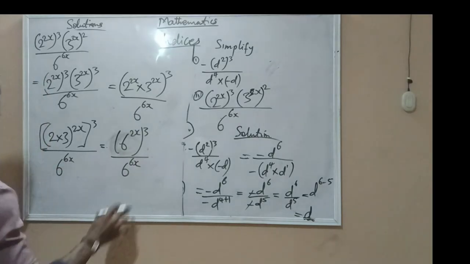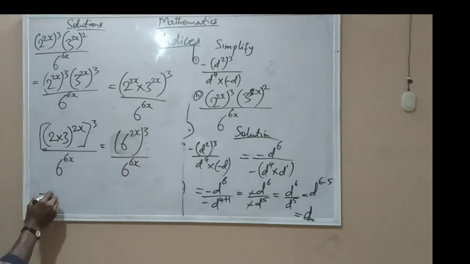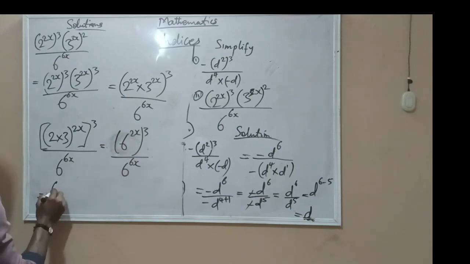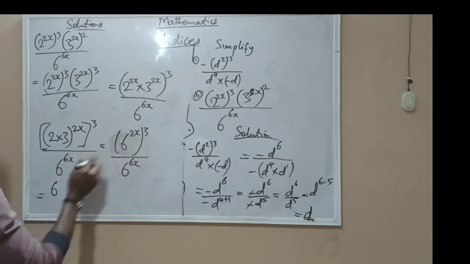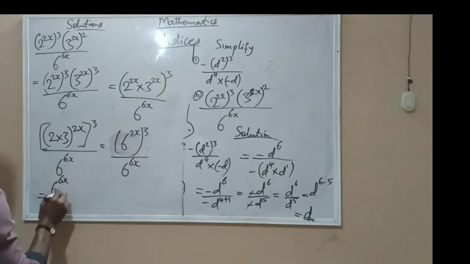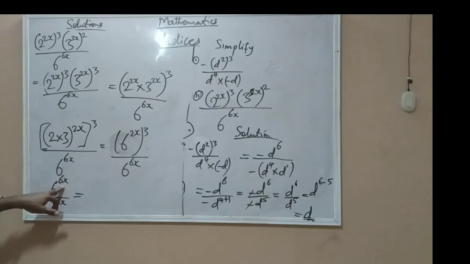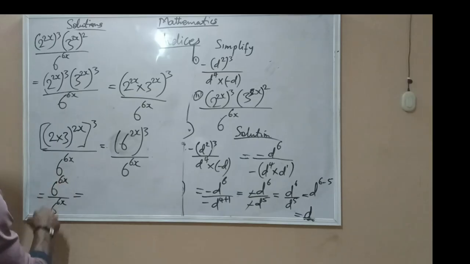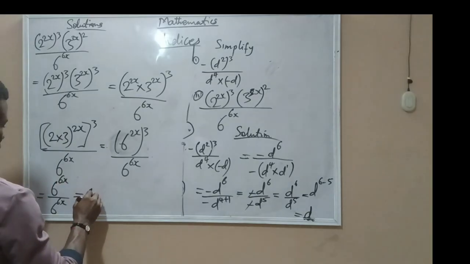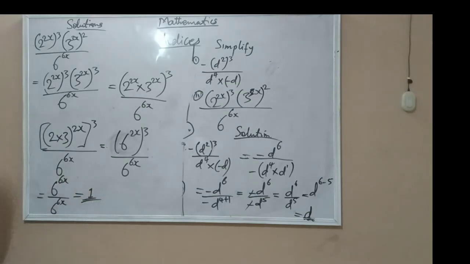That is the same thing as 6 raised to the power 2x times 3, which is 6x, all over 6 raised to the power 6x. Now we've got something common. What is in the numerator is the same as the denominator, so this cancels this, and we have the answer as 1.